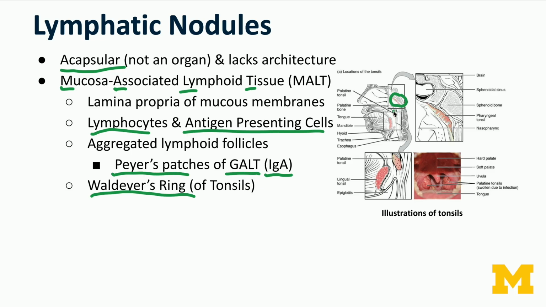We have both palatine and lingual tonsils within the oropharynx. Over here we can see the palatine tonsils on either side of the oropharynx. And these are going to form a near complete ring around both the naso and oropharynx.